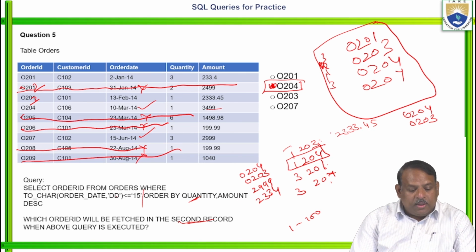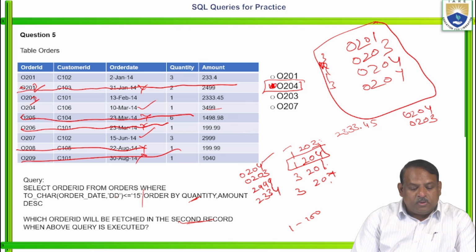203 is 233 and 204 is 3499, so 204 will be first, then 203.